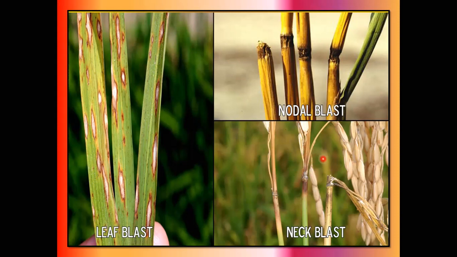But sometimes these pathogens develop the symptoms after some days, after the grain filling stage. So the infected panicles have only a few grains infected and some grains remain healthy.